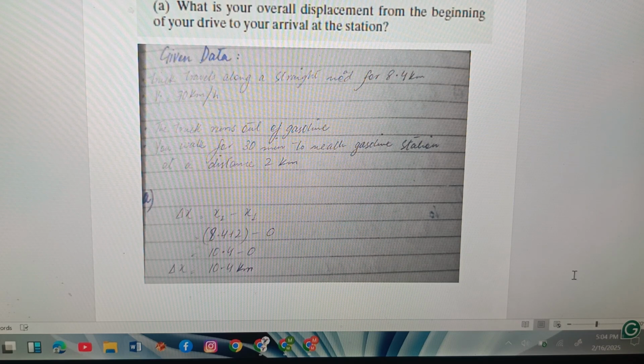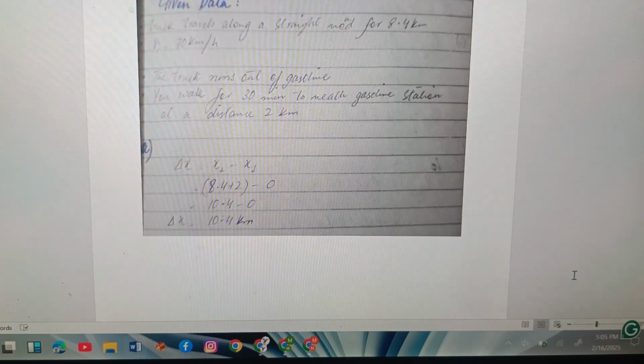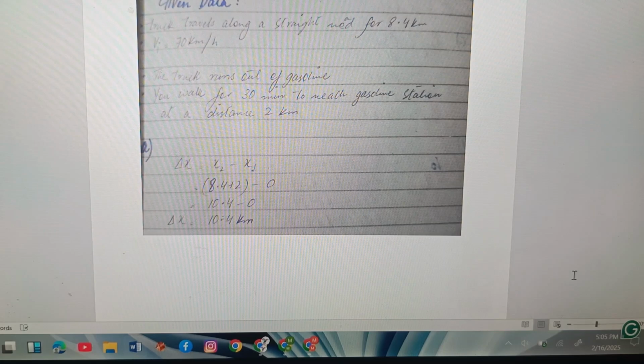After that, the truck runs out of gasoline. Then you walk for 30 minutes, and the distance you've traveled is 2 kilometers. From here, we need to calculate the total distance.